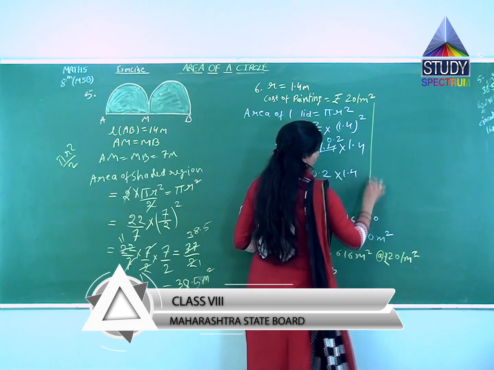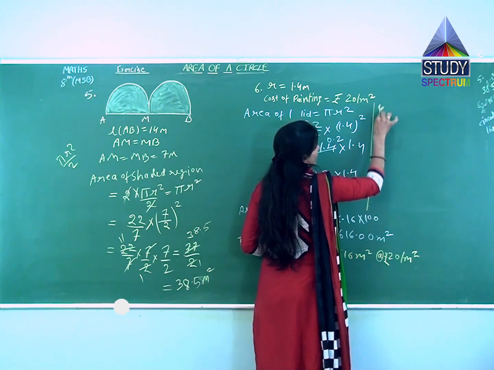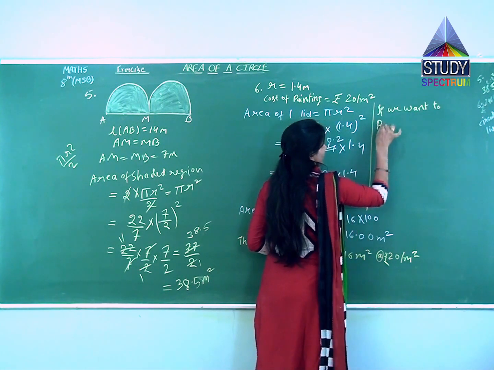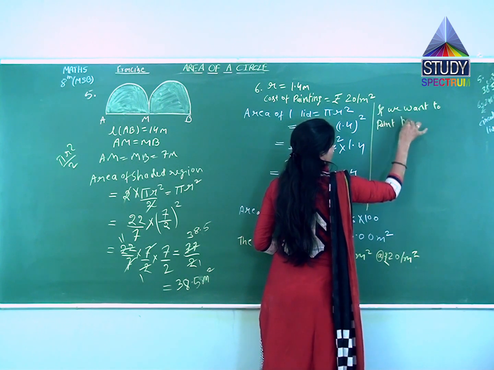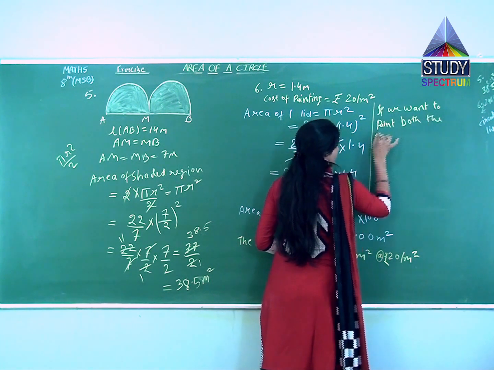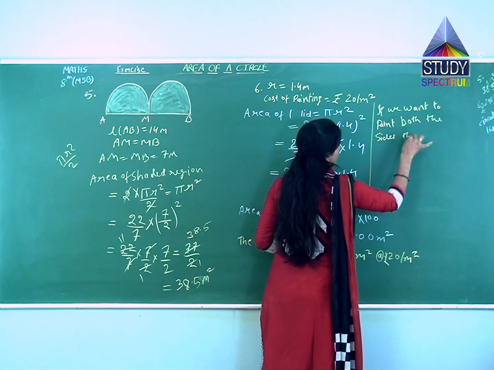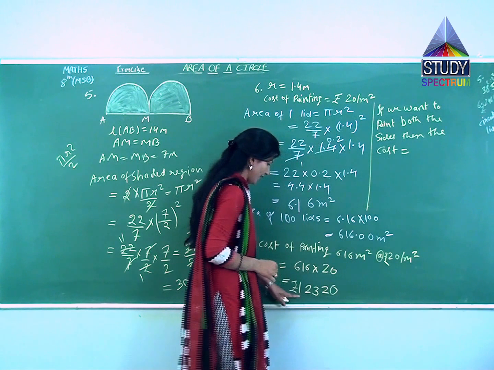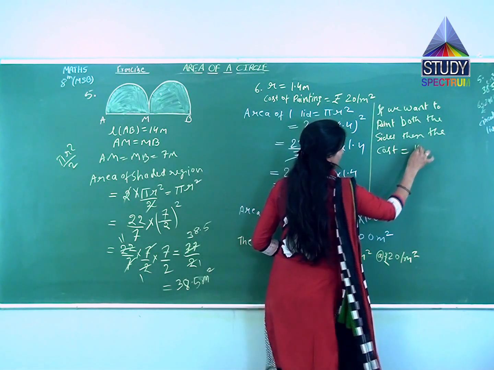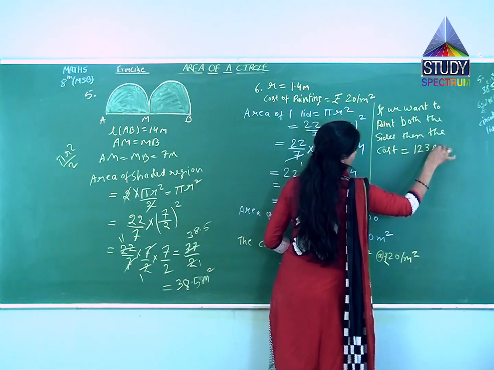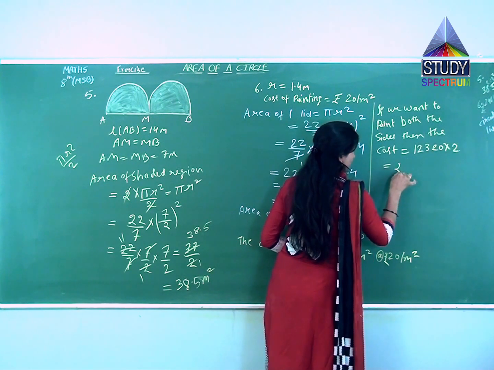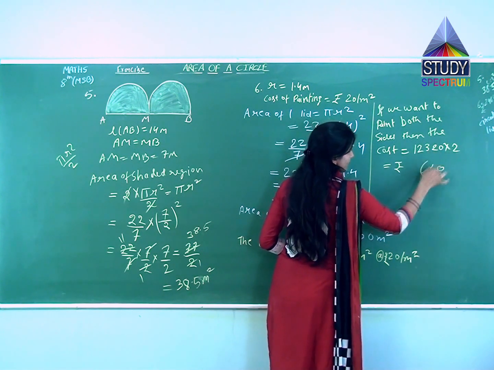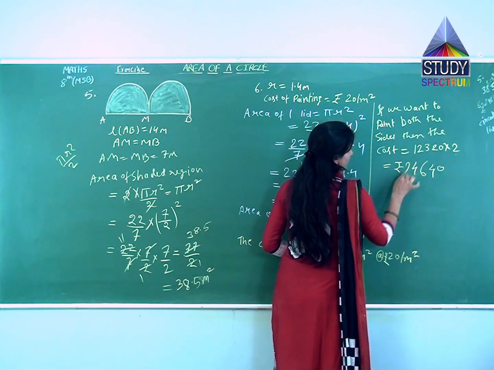So here we can write, if we want to paint both the sides, then the cost will be 12,320 into 2, that is equals to 2 zeros are 0, 2 2s are 4, 2 3s are 6, 2 2s are 4 and 2 1s are 2.